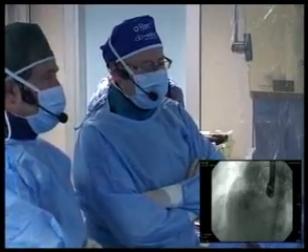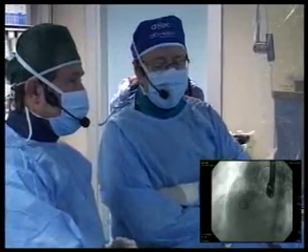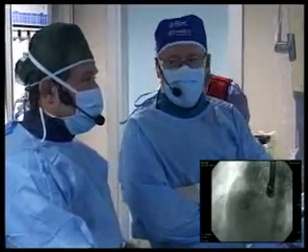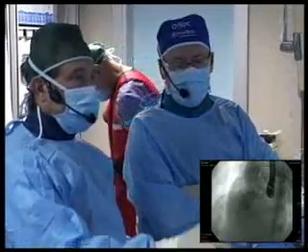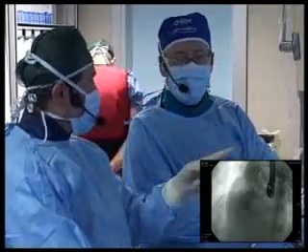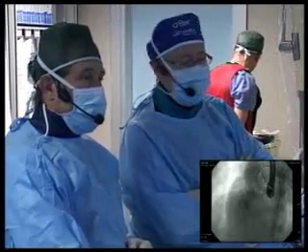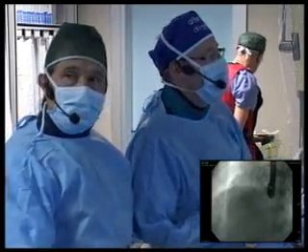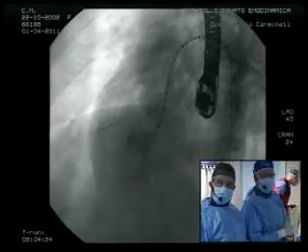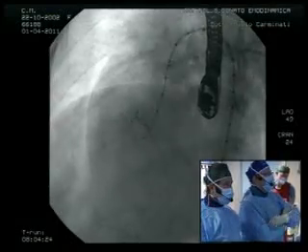The PA pressure was normal. We then went to do a left ventriculogram, and the pigtail essentially went straight across the VSD. So we took that and did an angio sitting across the VSD, and we'll just show you that angio now. So if we can just switch up to that.